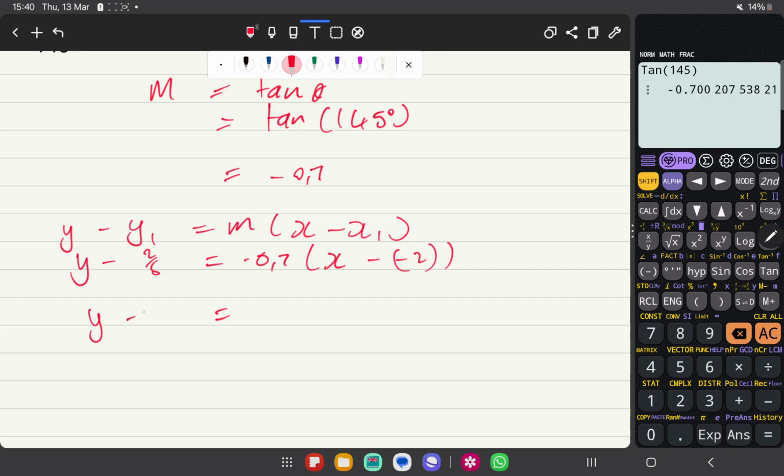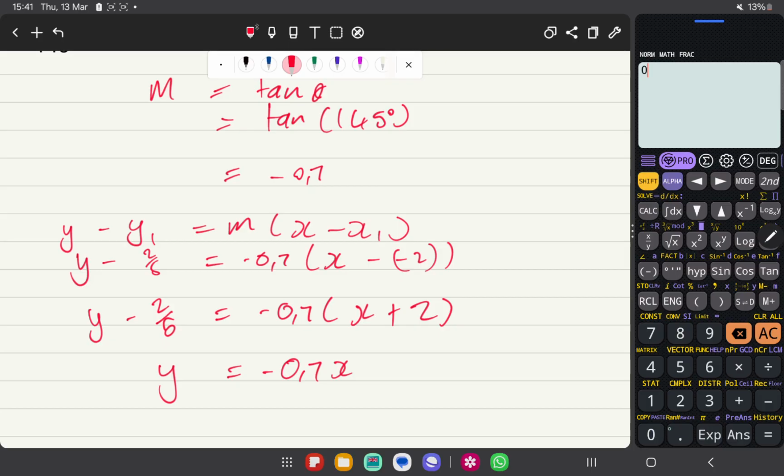So you have y minus 2/5 here, equals minus 0.7 times x plus 2, and then multiplication and transposing. We can already transpose that side. I can't do that number by heart, so I'm going to jump into my calculator.